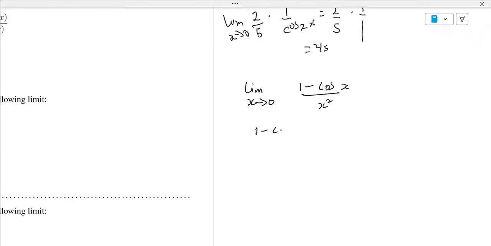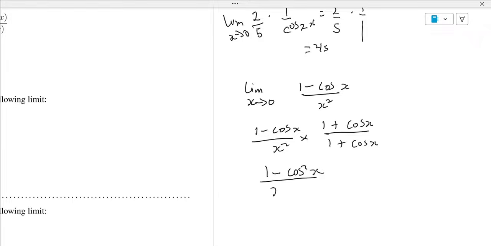We have 1 minus cos x all over x squared times 1 plus cos x all over 1 plus cos x. Right. Now if I do the multiplication, I'm going to have 1 minus cos squared x all over x squared, and then multiplying this one, 1 plus cos x.